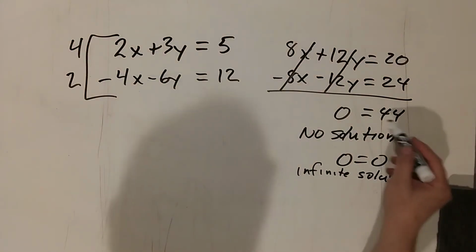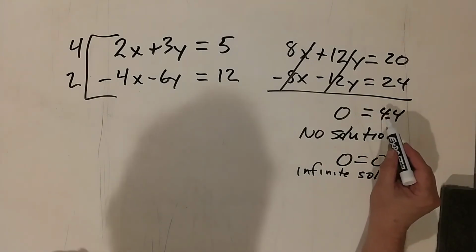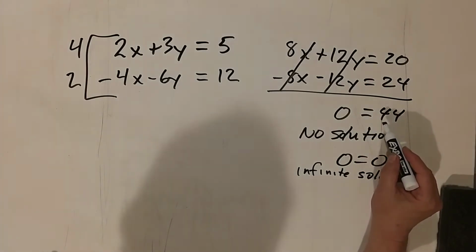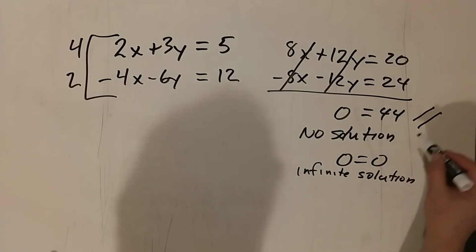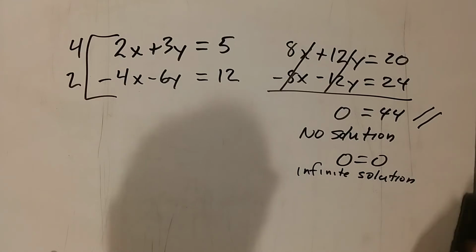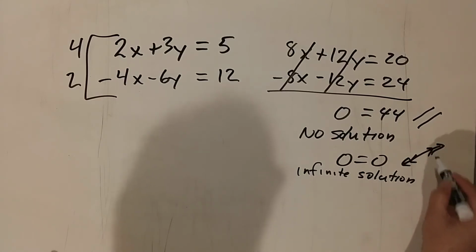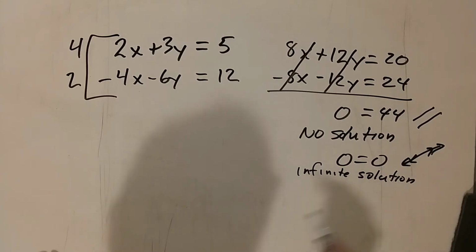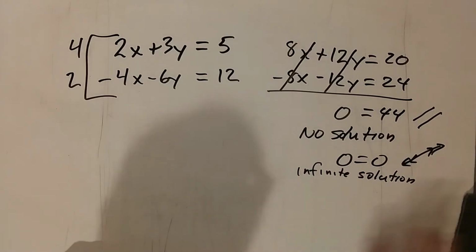This means that I had different equations, but there is no solution. If you've looked at the graphing video, this means that the graphs are parallel and they don't cross each other. This means that the graphs are coincidental, one on top of the other, and you have an infinite number of solutions. So there are some strange things that can happen when you're solving systems of equations.